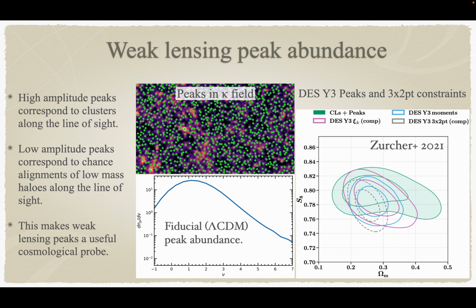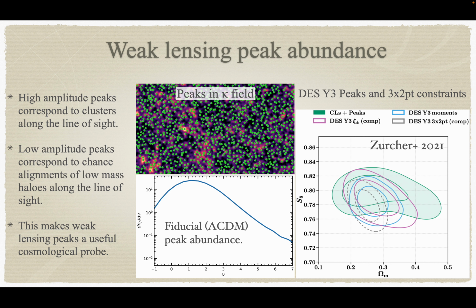So, that's weak lensing. What are some of the useful things that we can do in the weak lensing convergence field? We have a colour map in the middle here, which corresponds to the simulated convergence measured in patches of the sky, where bright colours correspond to high convergence and dark colours correspond to low convergence.